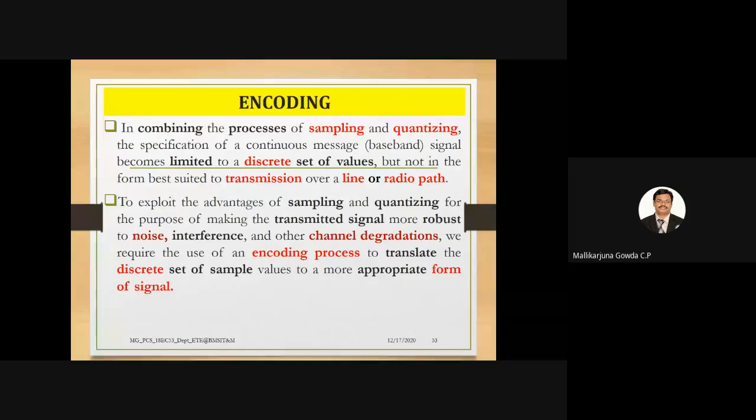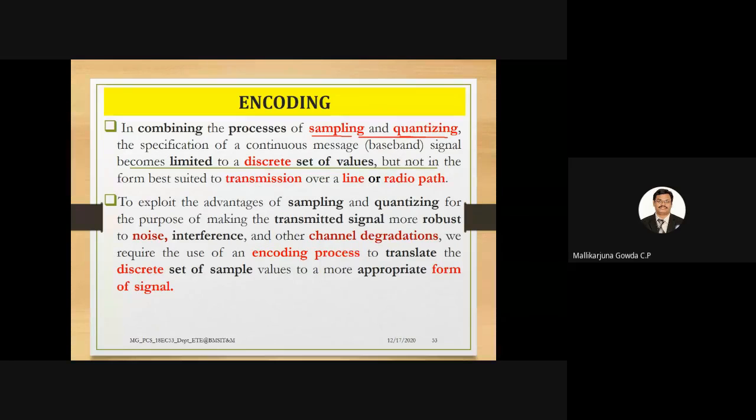With sampling and quantizing, as I said, the message signal, which is continuous in time, becomes limited to a discrete set of values. Whatever discrete set of values I get may not be best suited straight away for transmission over the line or radio path.